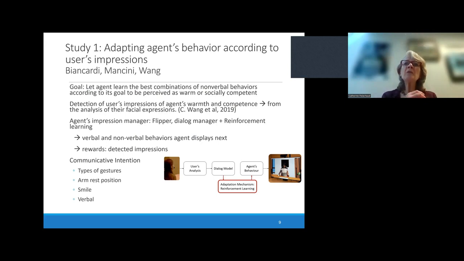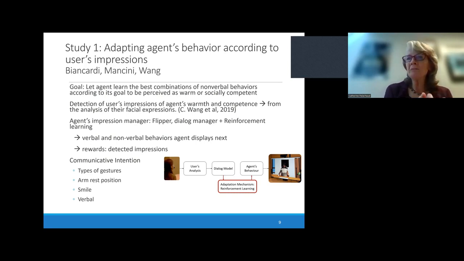For this work, we also relied on work by Cheng Wang from the University of Geneva that detects the user's impression of the agent's warmth and competence from its multimodal behaviors, in particular facial expression.